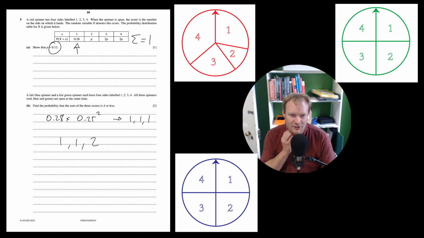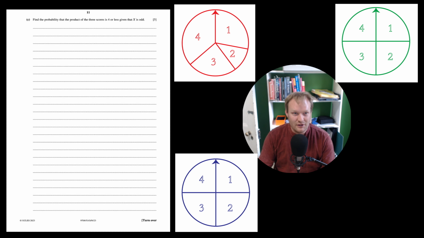Okay, now for the next one, we've got a little bit more work to do, and that's: find the probability that the product of the 3 scores is 4 or less, given that X is odd. Now, we've got our same spinners still all around us, spinning around, and X is odd, which means we're only allowed odd numbers for X. Now the product must be less than or equal to 4.